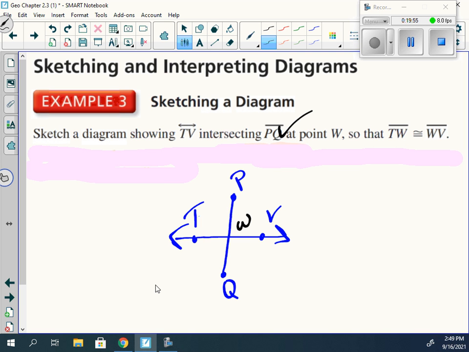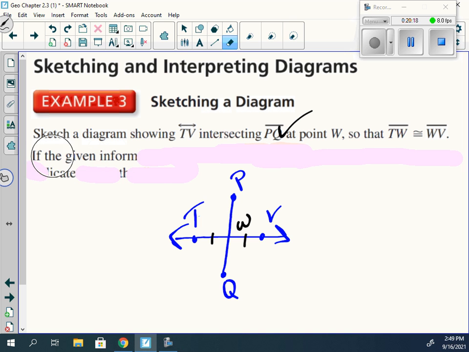Right, so how did I symbolize line segments being congruent? There was a symbol. Those little hash marks signal that they are congruent, as we saw when we talked about congruent segments in chapter 1, where we had the little marks on them for midpoint. So it would show that these two are congruent.